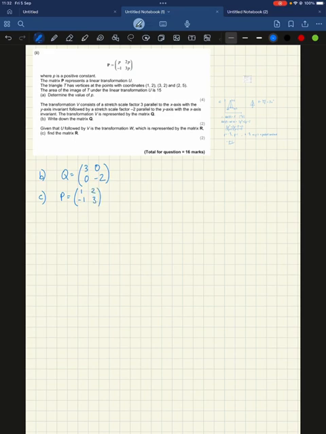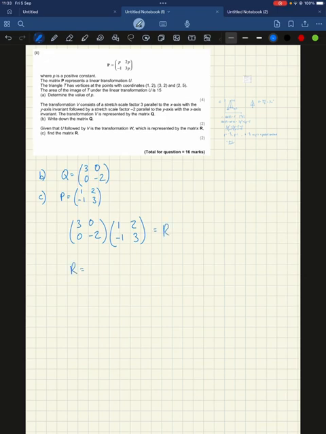So P is that. So the transformation U is the matrix P, followed by V. Because we're following by V, remember V goes first. So V was represented by the matrix Q, so what we're going to do is 3, 0, 0, minus 2, multiplied by 1, minus 1, 2, 3. And this gives the matrix R.